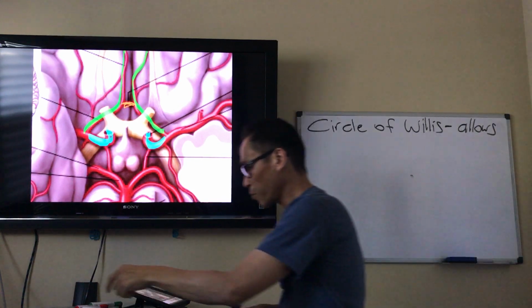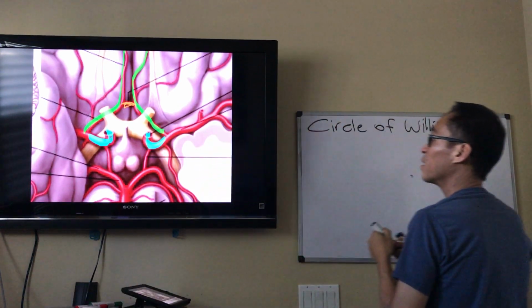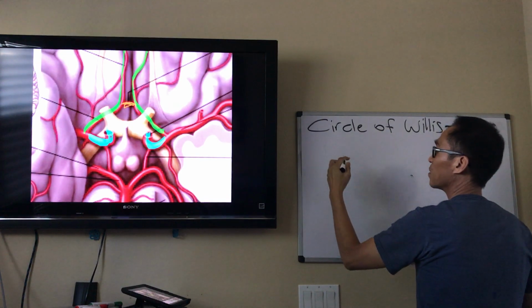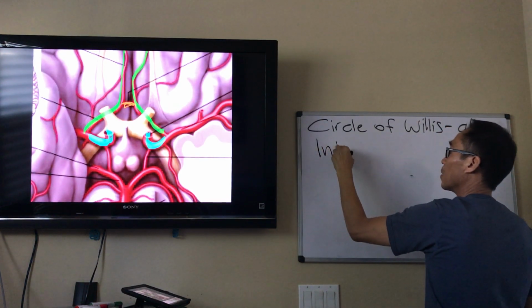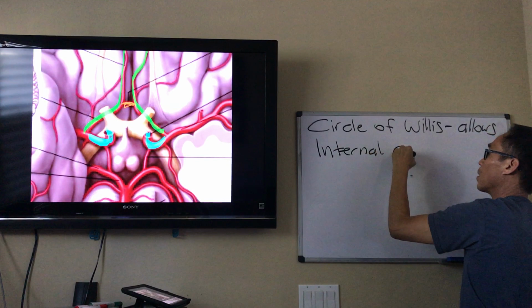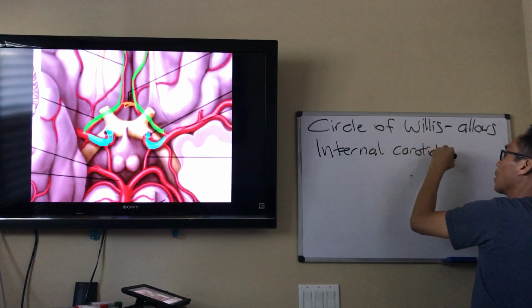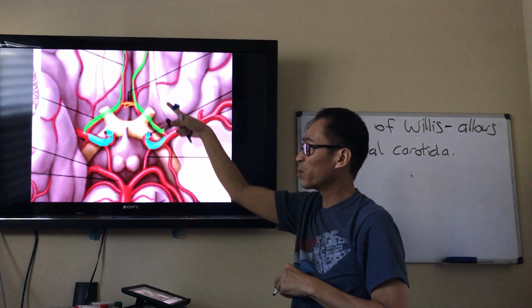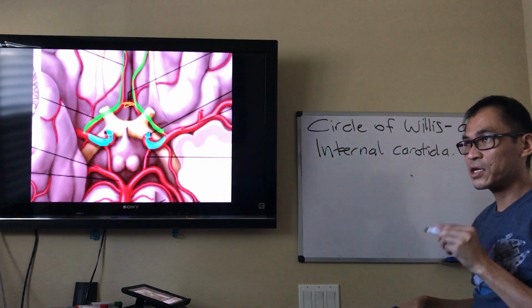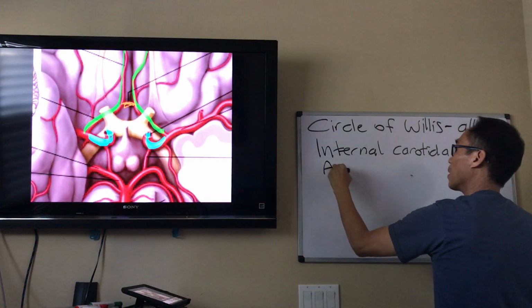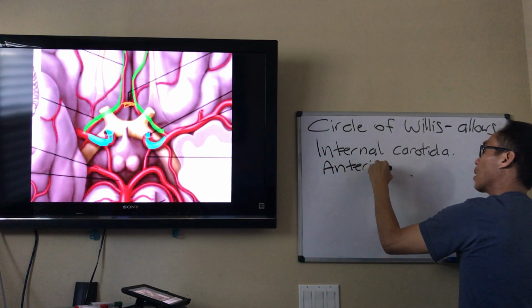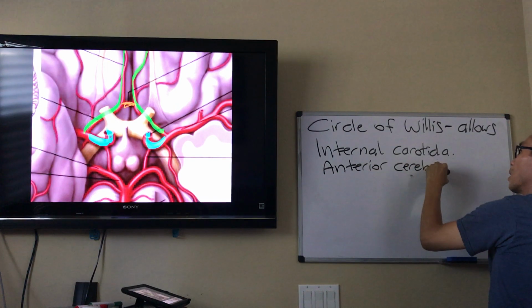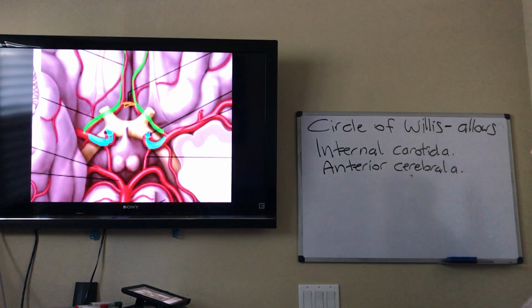We have the internal carotid artery. There's a branch going forward, in green, that was the anterior cerebral artery. The little one in between them that I colored in orange, the anterior communicating artery.